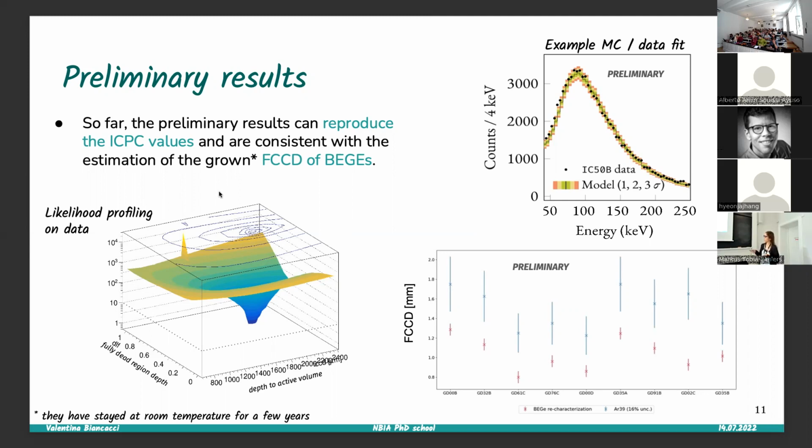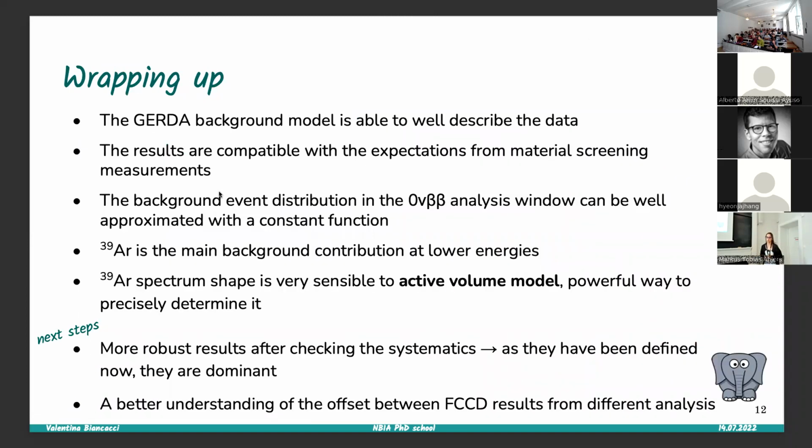Here you can see a plot of the FCCD that we obtain with argon-39 and the interpolation of the two characterizations for the BEGes, first GERDA and before GERDA. As you can see, the shapes between all the detectors are consistent with each other. But as Abby already said, even in this case we have an offset between the values obtained by the argon-39 and the characterizations. So this brings me to my conclusion.